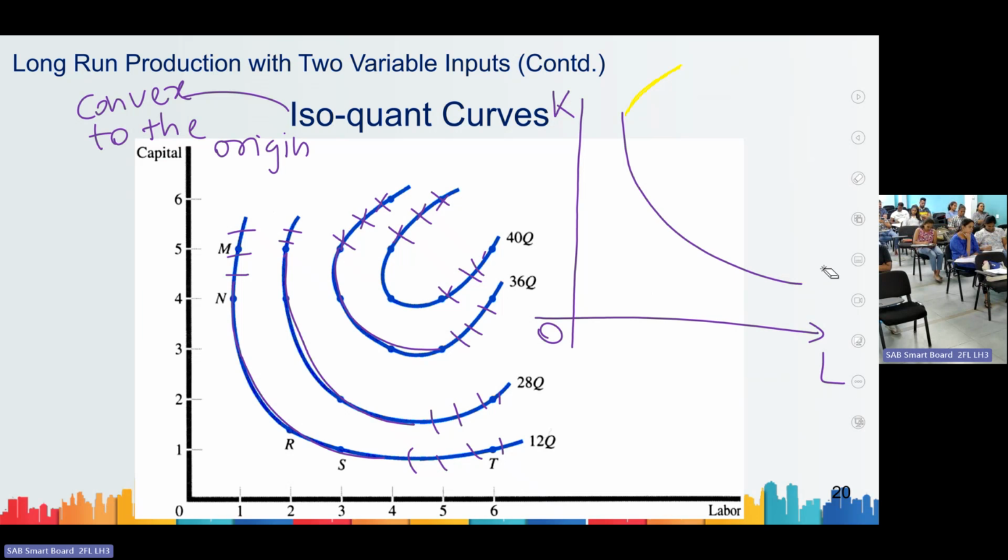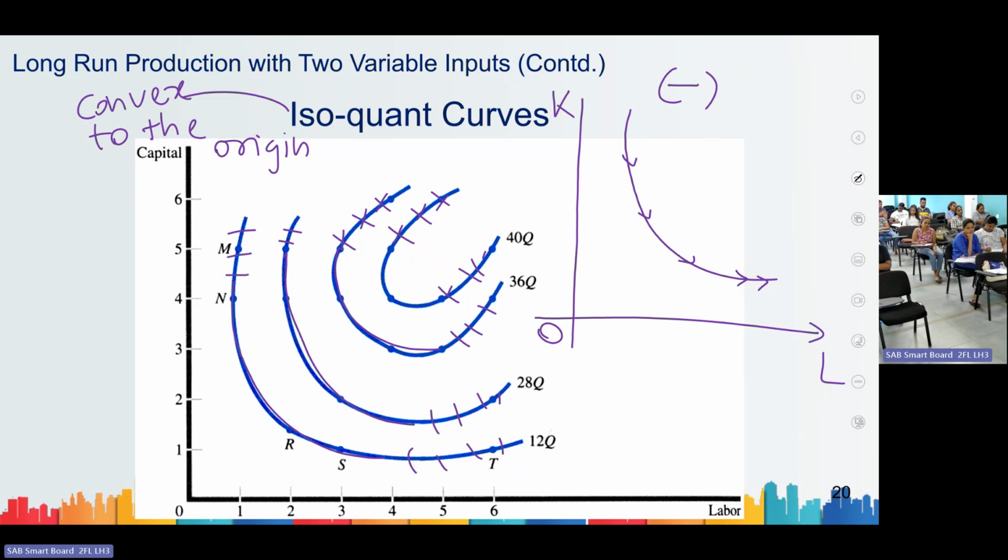For the moment, you should understand that the usual shape of an isoquant curve is convex to the origin. At the same time it is downward sloping. Since it is downward sloping, the slope is negative.